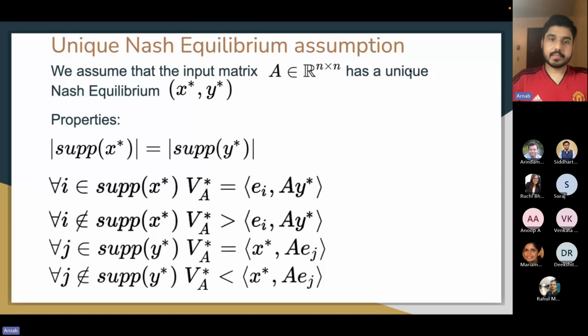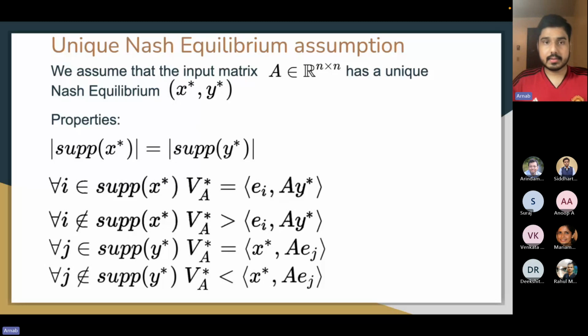Since the matrix A has a unique Nash equilibrium, there are some important properties available to us. For example, I don't know if the definition of support is known or not, but it's a very standard definition.